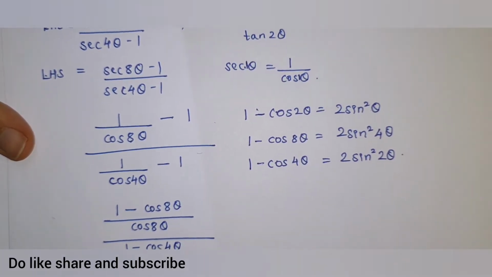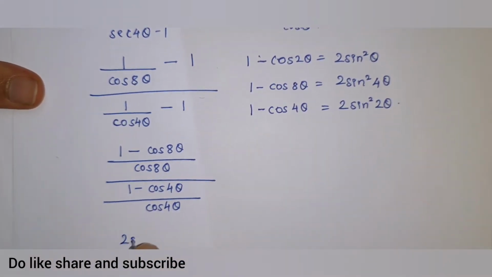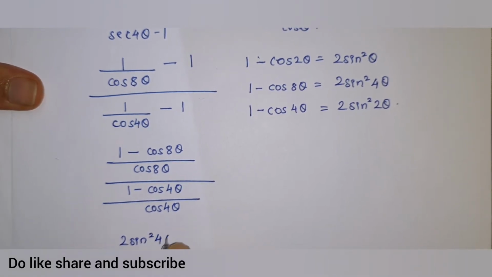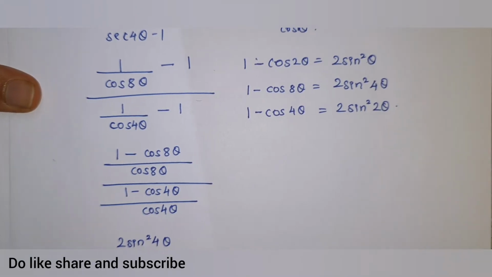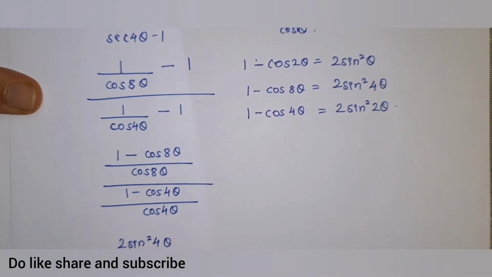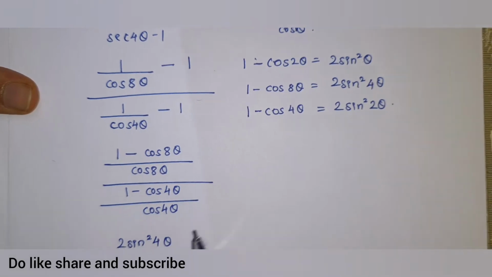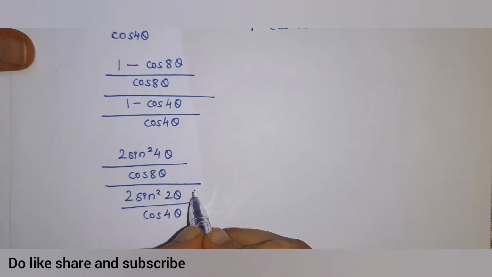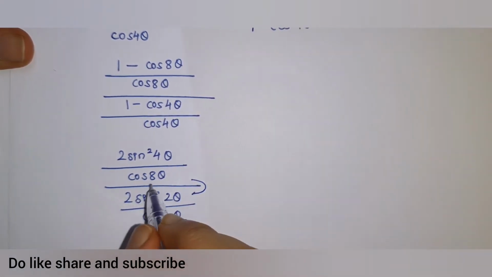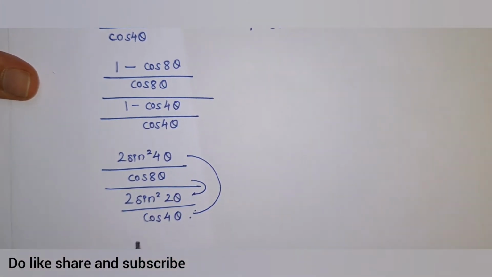So we'll be substituting these values in this equation. So we have 2 into sine square 4 theta divided by cos of 8 theta, completely divided by 2 into sine square 2 theta divided by cos of 4 theta. Now see, as per the rule, this will shift to the denominator and this last term will multiply by the numerator.